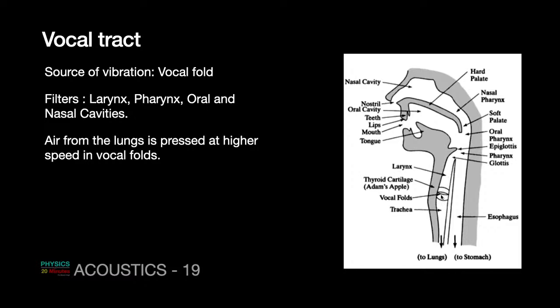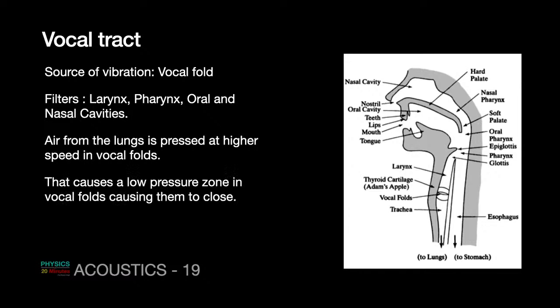As the air passes at a high speed, if you recall Bernoulli's principle, it is accompanied by a drop in pressure. So the pressure drops in the vocal folds in this region, and as the pressure drops, the vocal folds tend to come close.